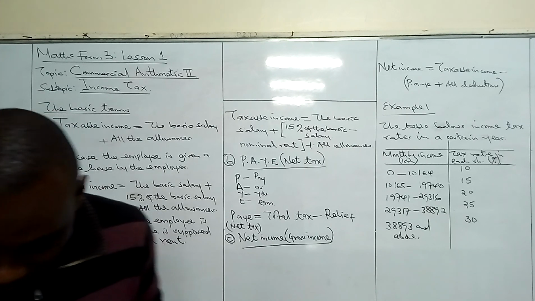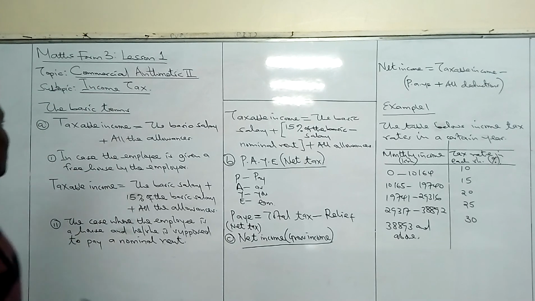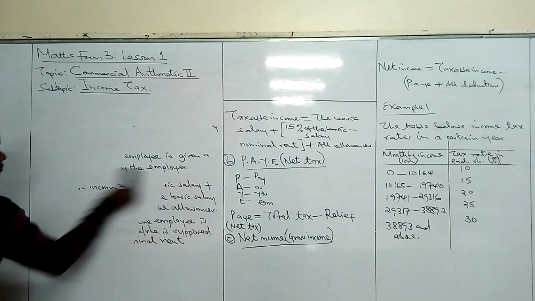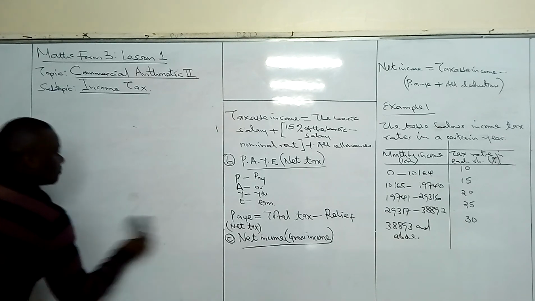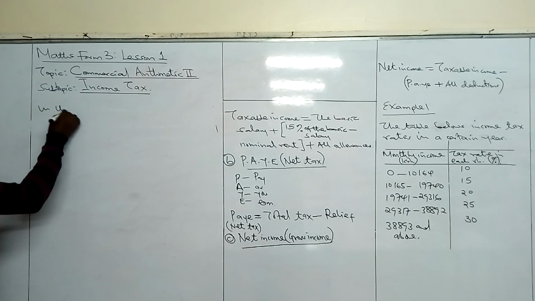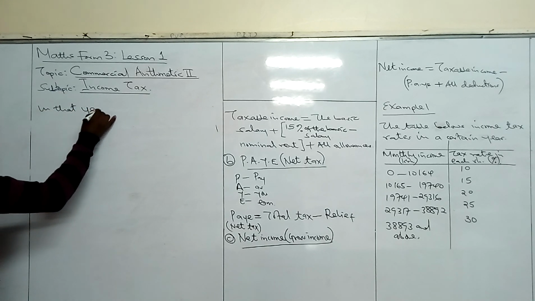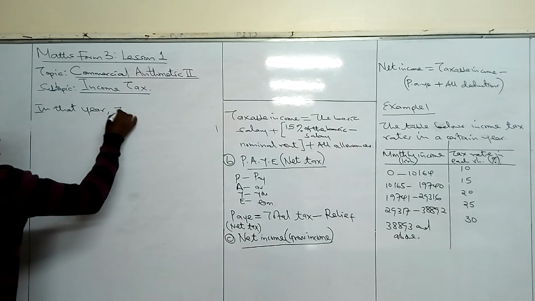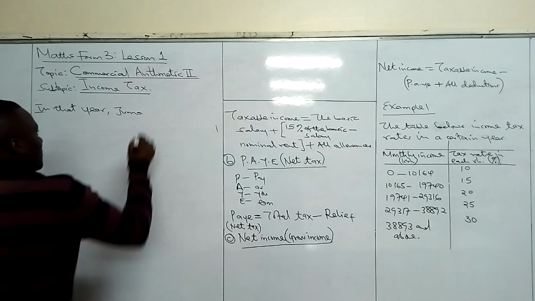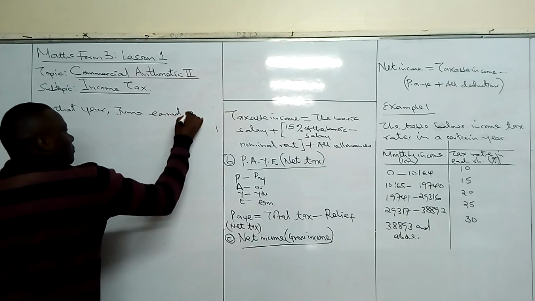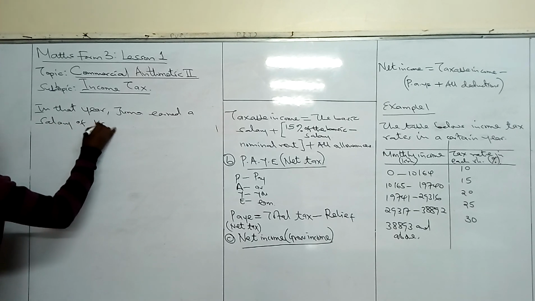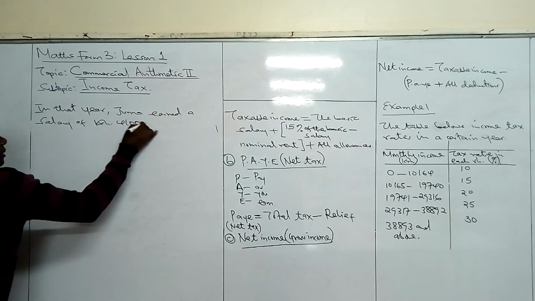So the question says, in that year, Juma earned a salary of Kenya shillings 41,000.